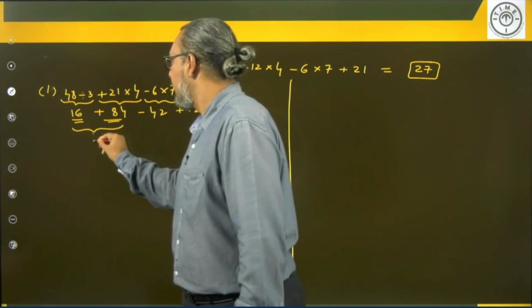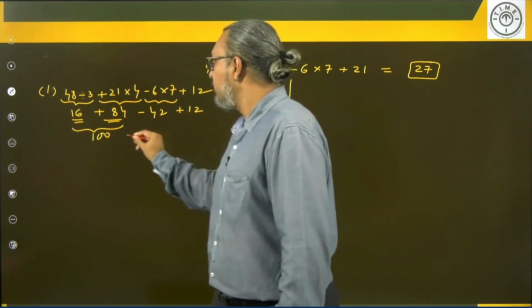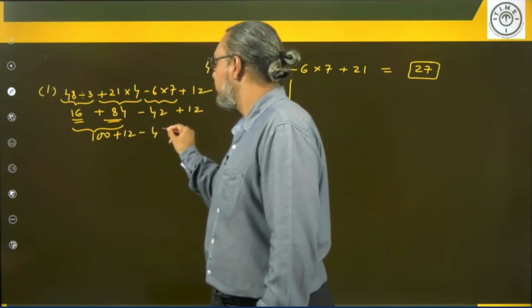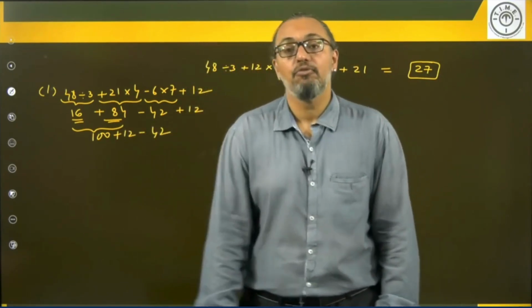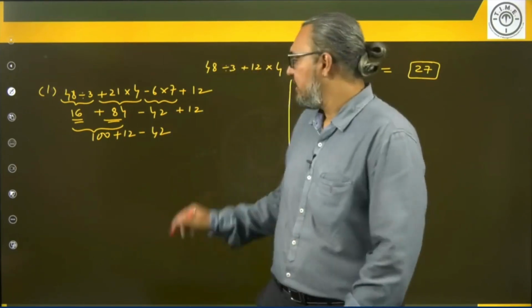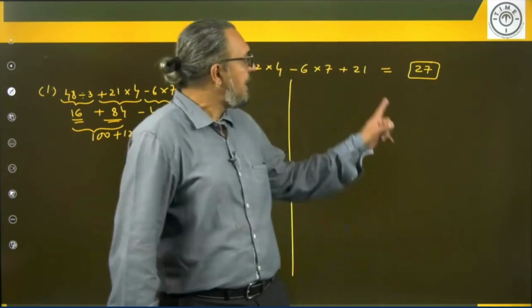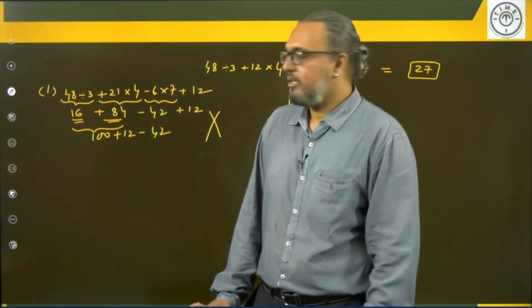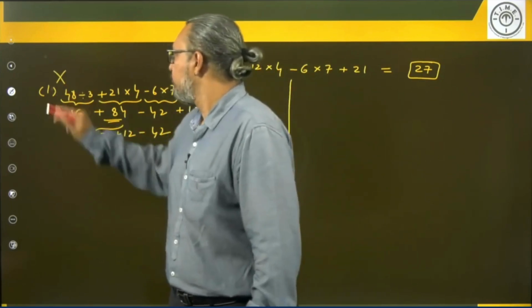This itself is 100. Now, 100 plus 12 gives you 112 minus 42. Now, 112 minus 42 is 110 minus 40, which is 70. Am I needing 70? No. So, you forget about it. It's not the option that I am looking for.